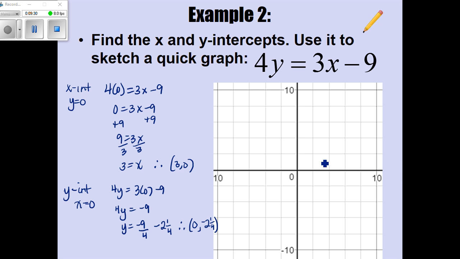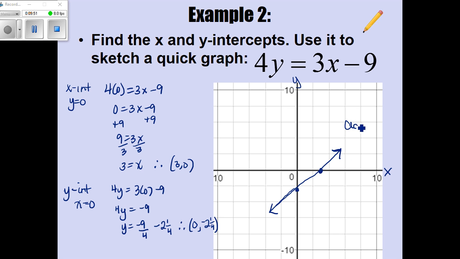All right, so we go to the x-axis and we go 3, 0. We go to the y-axis and we go down 2 and a little bit more. And we take a ruler and we sketch a quick sketch where we put a line in between those 2 points with arrows on both sides.